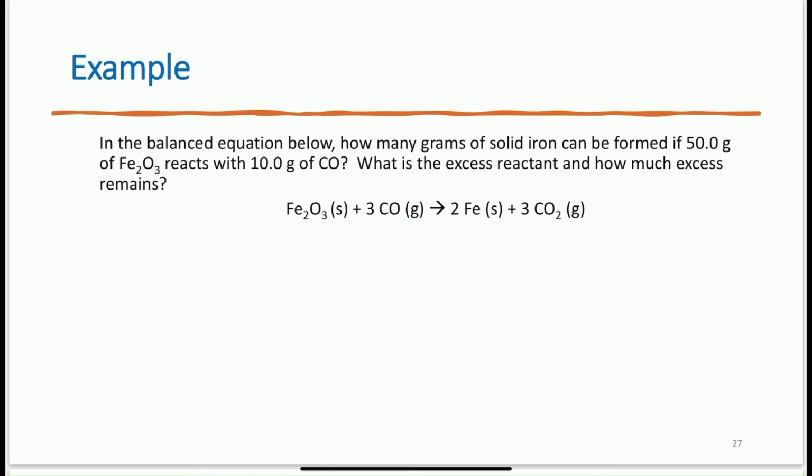In this example, first, by context, I know this is a limiting reactant problem because I'm given amounts for 2 or more reactants. So when given amounts from 2 or more reactants, this is a limiting reactant example.